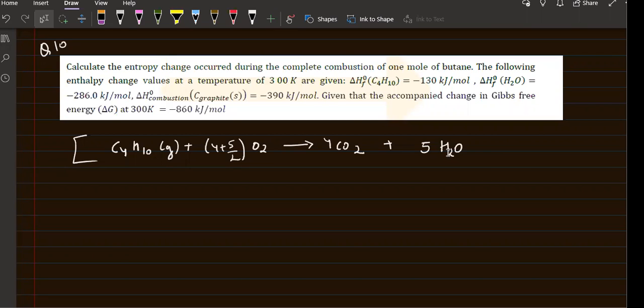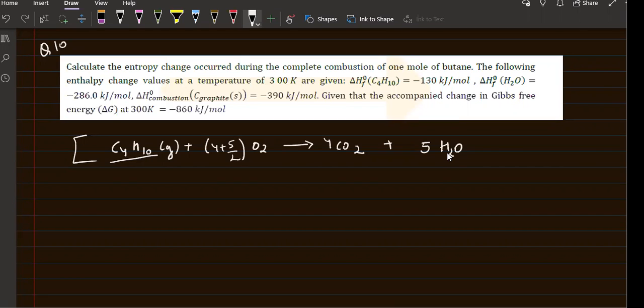And out of these four, how many either reactant or product are in their natural state? C4H10, is it in natural state? Means is C4H10 available like this only in nature, or you have to prepare it? Is it elementary particle? No, right?